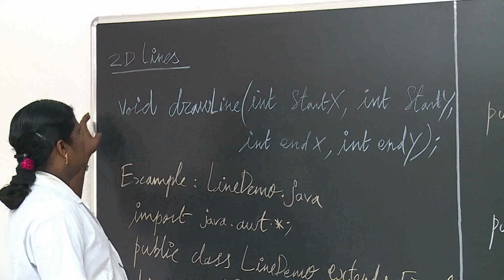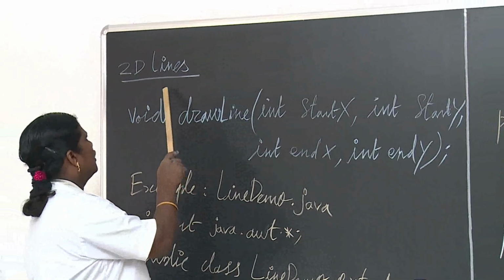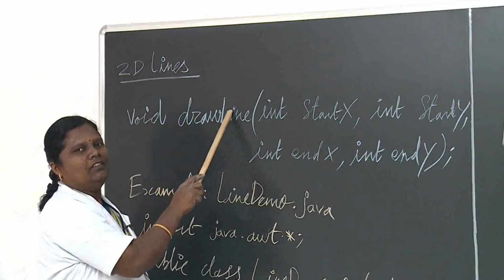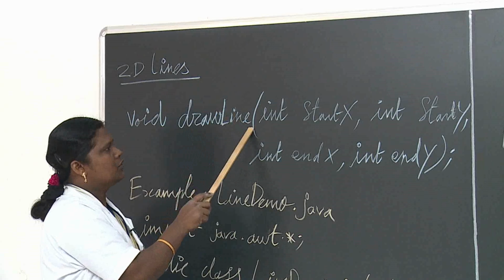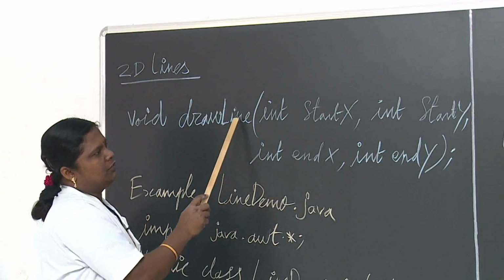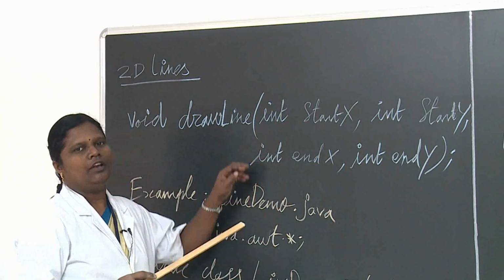This topic is 2D lines: how to create them. In order to draw a line with the 2D concept, the drawLine function is used. The drawLine function includes 4 arguments or parameters. The first 2 arguments represent the starting point of the line.